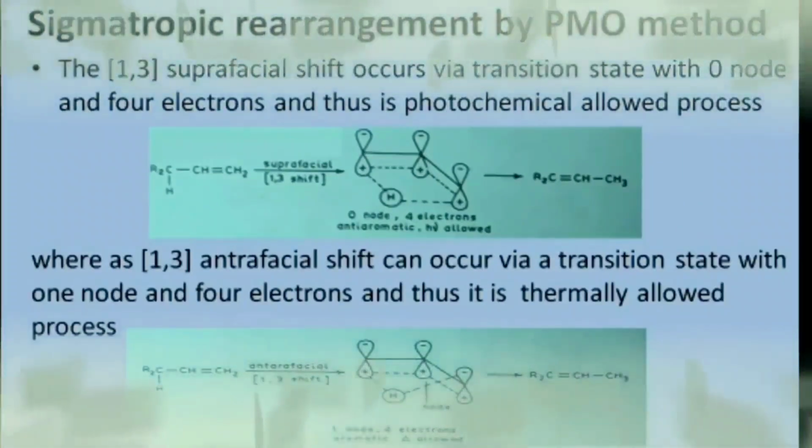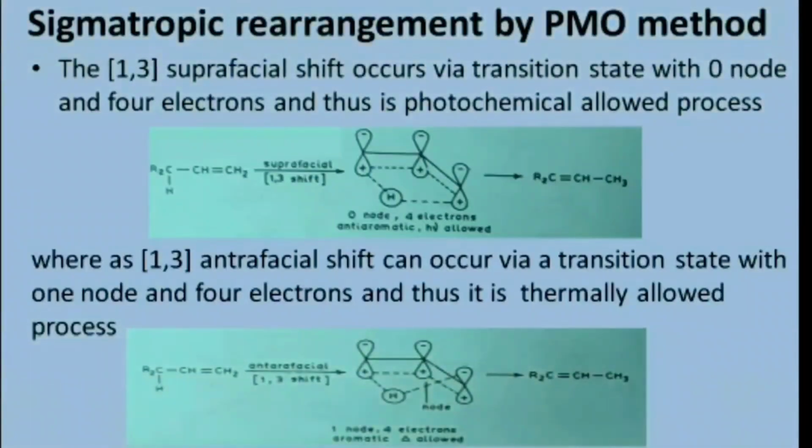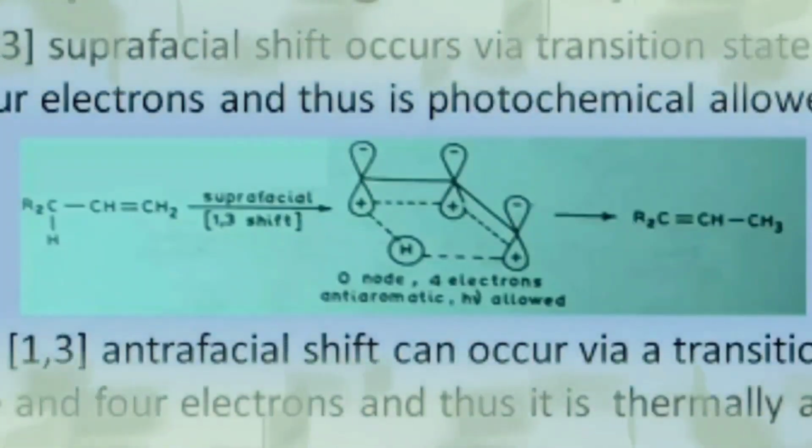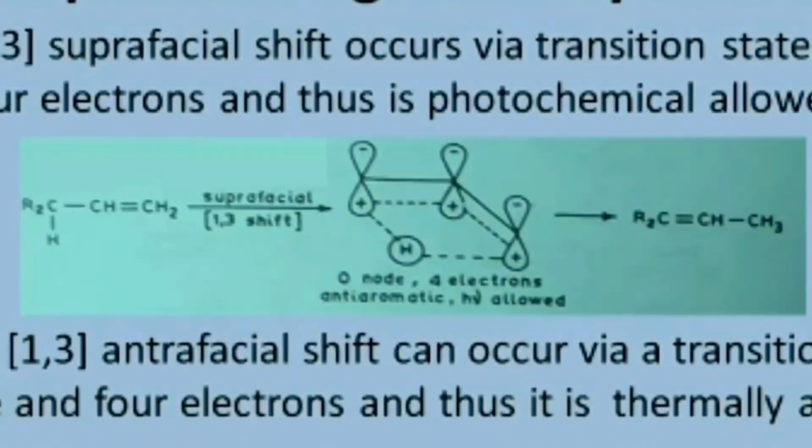Now let us discuss application of PMO method for sigmatropic rearrangement. First we take example of 1-3 shift. The 1-3 suprafacial shift occurs via transition state with 0 node and 4 electrons, and thus it is photochemically allowed process.